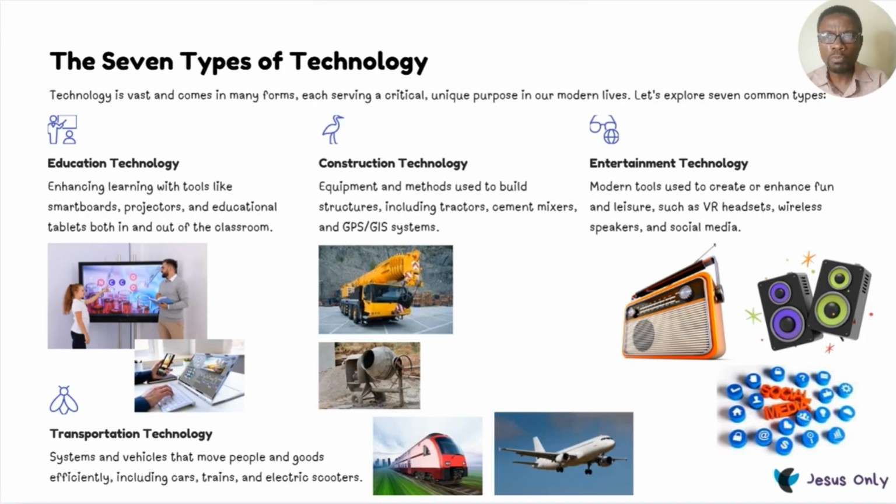Everything that helps to move people and goods efficiently is referred to as transportation technology. Of course, there are very recent types of technology like artificial intelligence, which we didn't speak about, but all of these are the different broad categories of technology.